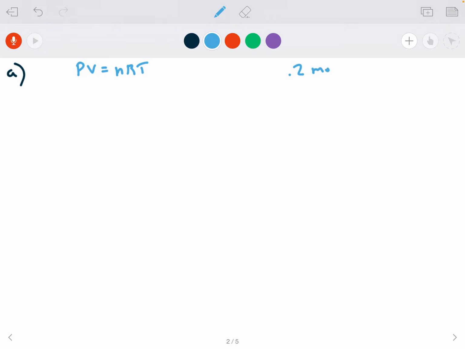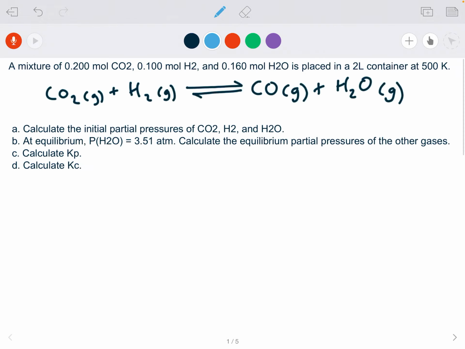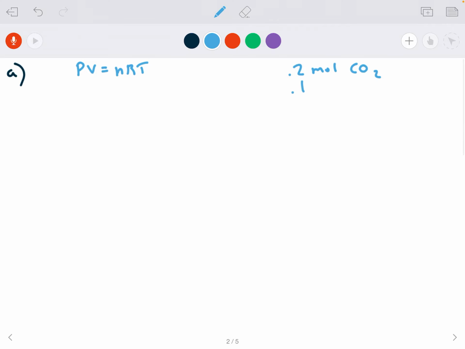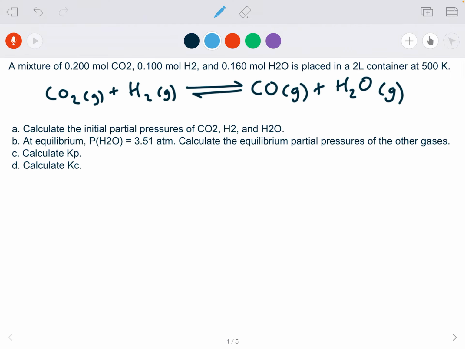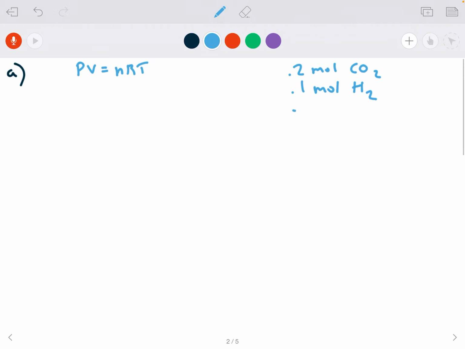So it was 0.2 moles of CO2, 0.1 moles of H2, and then 0.16 moles of H2O.